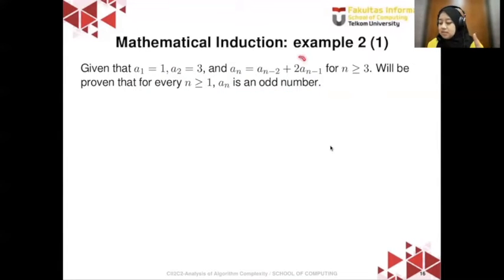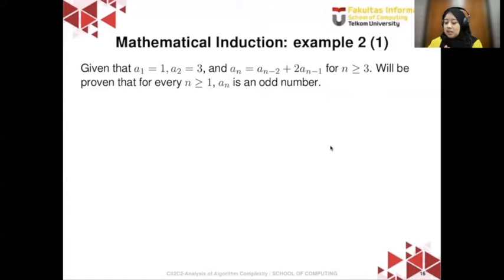See that this is a recurrence relation where a_n is related to a_{n-2}. So we move 2 to the back, not only 1. It means that we need strong induction for that.